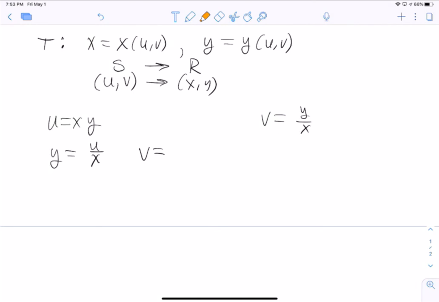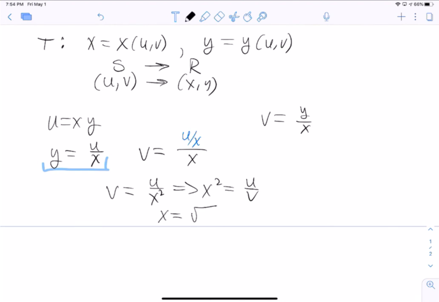So if v is equal to y over x, then v becomes u over x squared. It follows that x squared is equal to u over v, and then we have that x is equal to the square root of u over v.